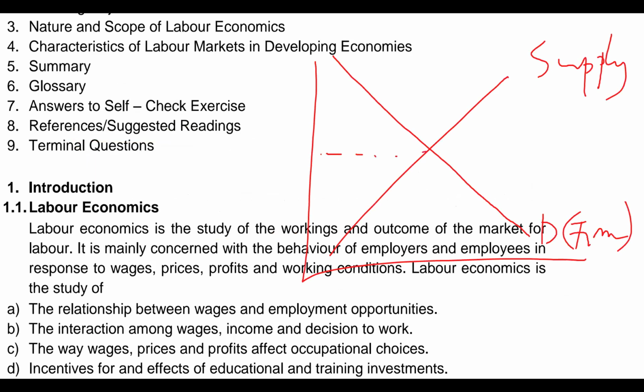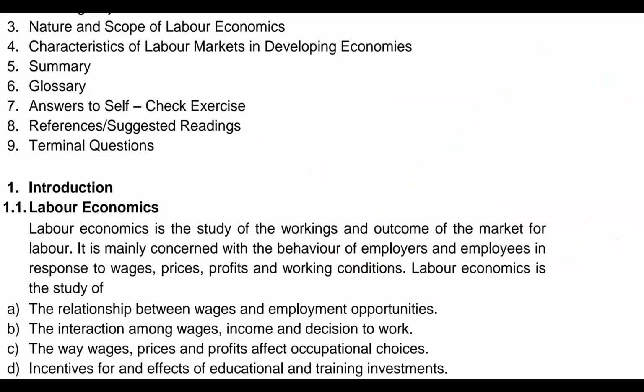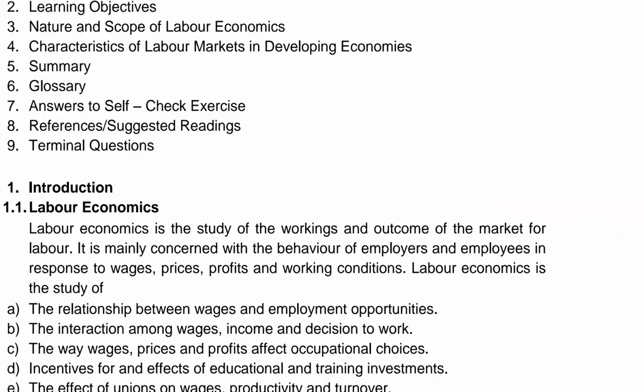And then there is a wage that brings these numbers into equilibrium. This is what we call labor equilibrium. We'll have a deeper conversation on this as we move on.